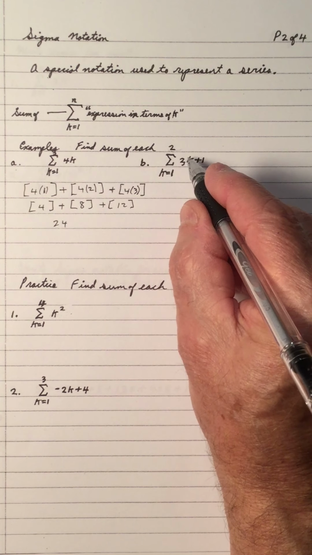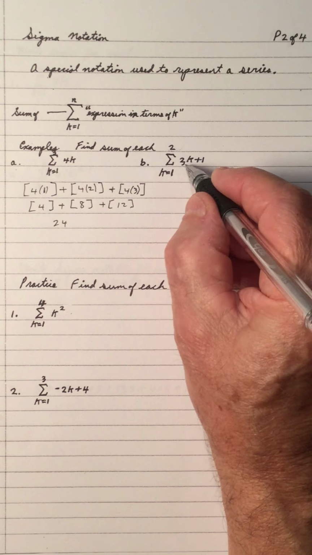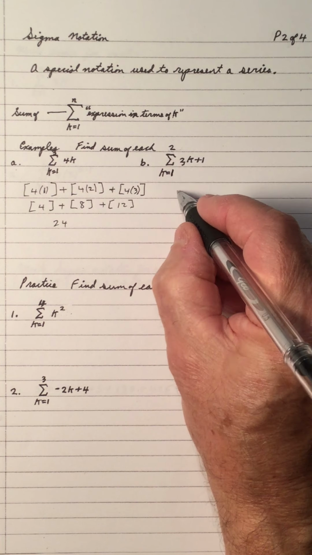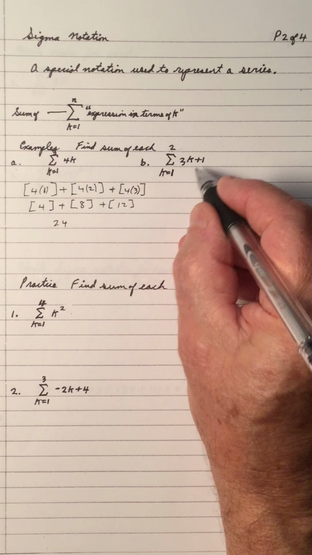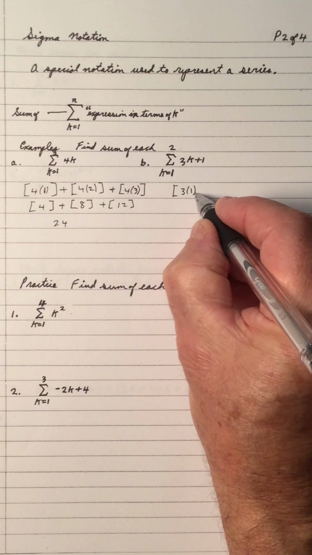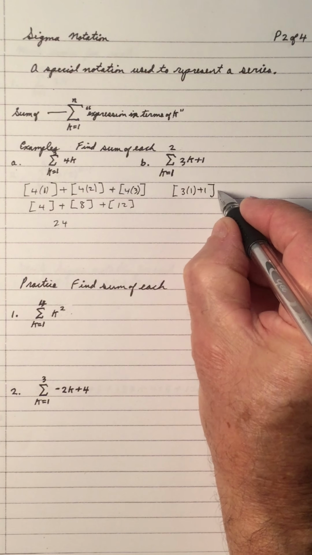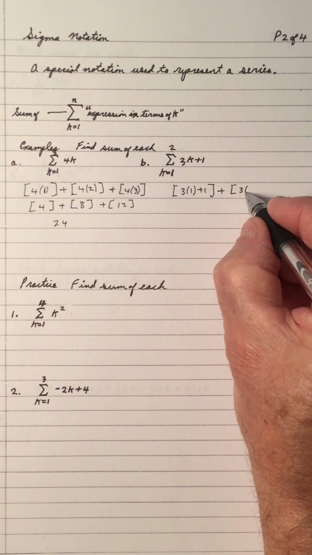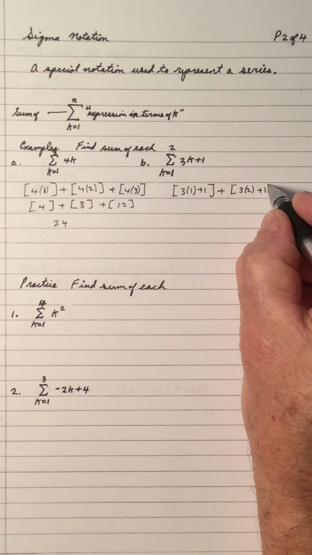So we have another one here. Find the sum of this. This one starts at 1 and ends at 2, and it's 3K plus 1. So K is 1 first, we work it out with 1, add on, and then K is 2, so we work it out with a 2.